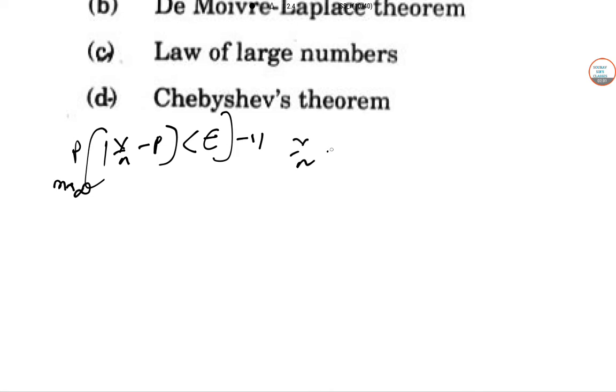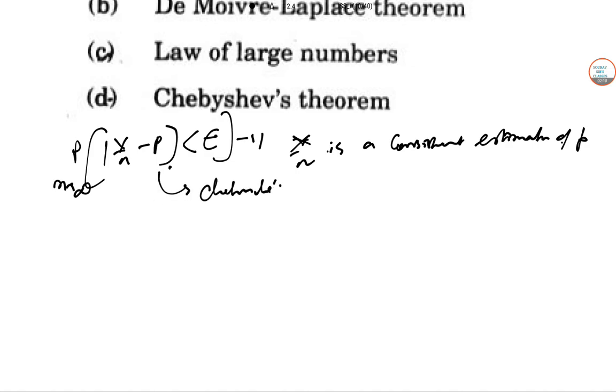Then X by n is a consistent estimator of p. We can do this by applying Chebyshev's inequality.